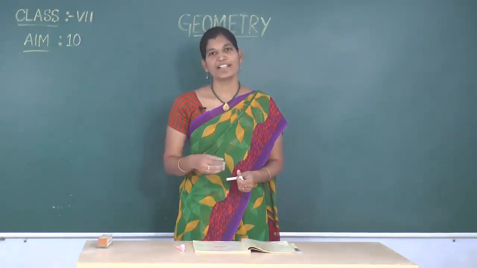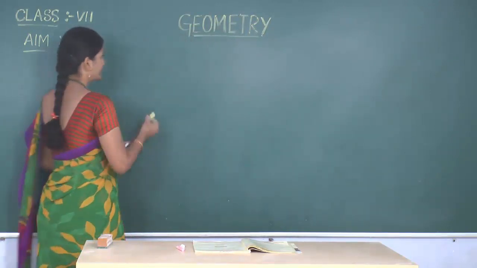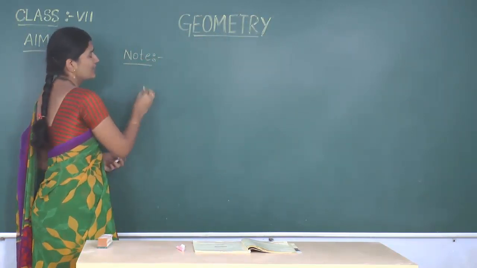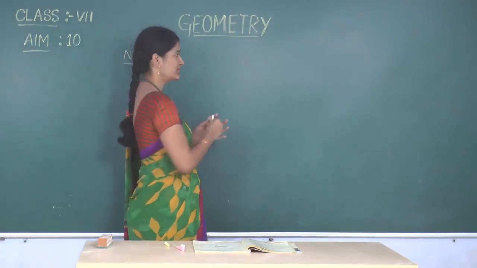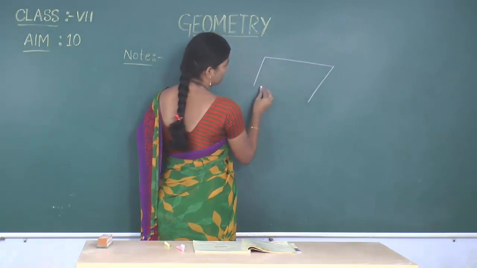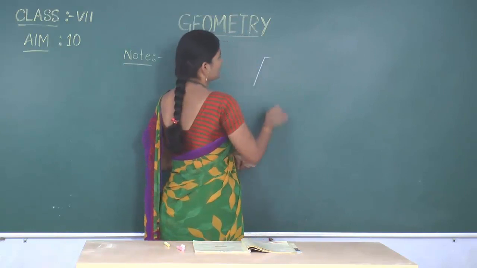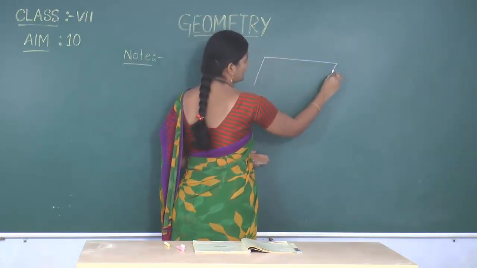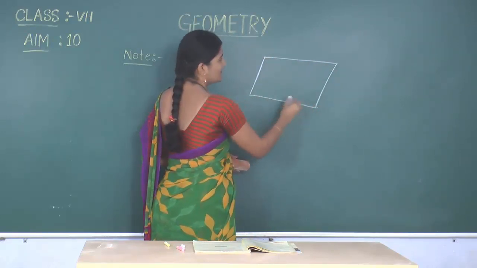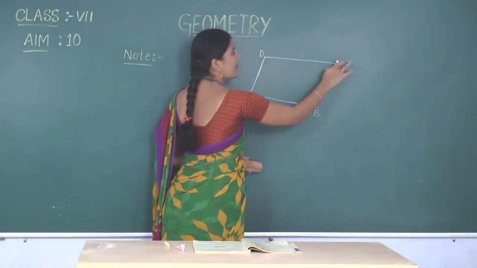Now let me explain some important properties. Note: take a parallelogram now. I am taking a parallelogram here. Suppose ABCD is a parallelogram.